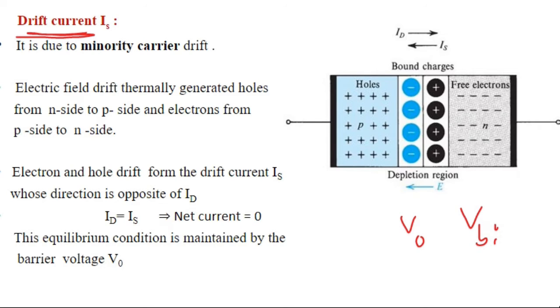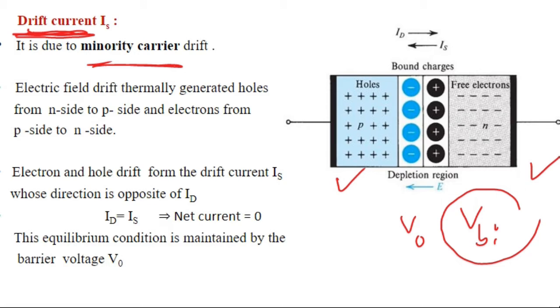This barrier or built-in voltage will act as energy to the p-type and n-type semiconductor, which will give rise to another current called the drift current. And just as diffusion current is because of the majority carriers, the drift current will be because of the minority carriers.